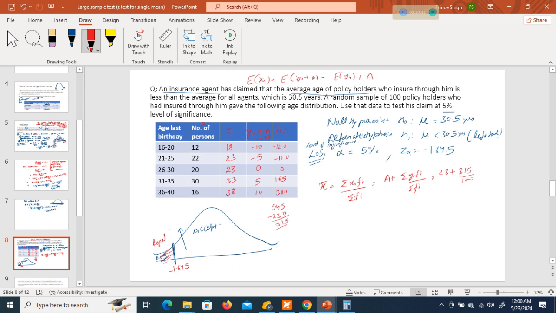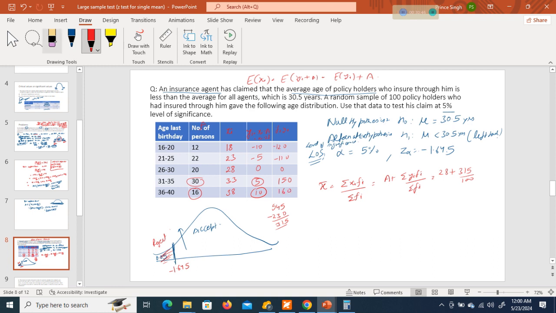Okay, let me check. So 12 into minus 10, 22 into minus 5, 30 into 5 is 150. There's a calculation mistake here, let me correct this. We need to take the product of this into this. 30 into 5 is 150 and 16 into 10 is 160.